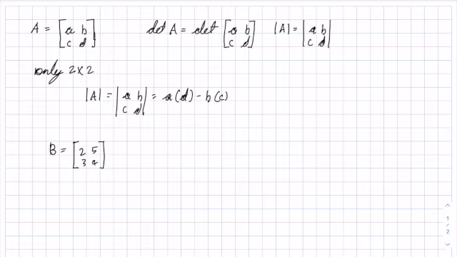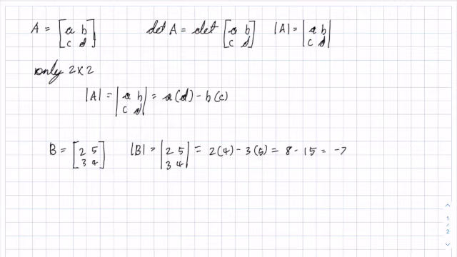So the determinant of B is the determinant of 2, 5, 3, 4, and to do this, it's as simple as multiplying the diagonals: 2 times 4 minus 3 times 5. 2 times 4 is 8, minus 15, which will give you negative 7. So determinants will always give you a single value that represents this matrix.